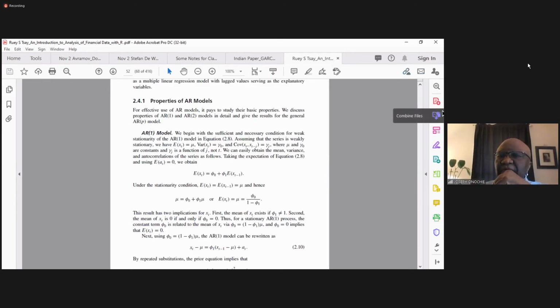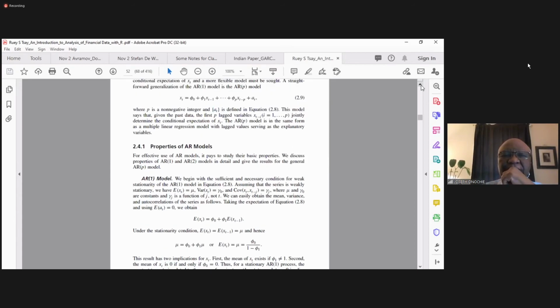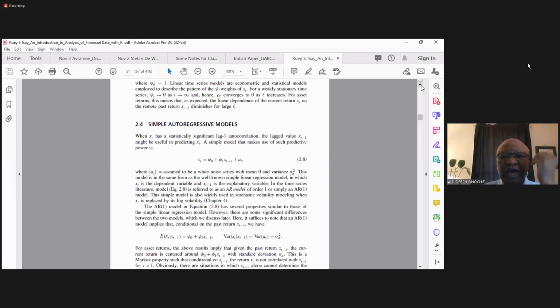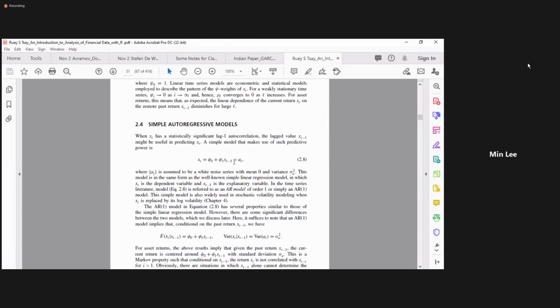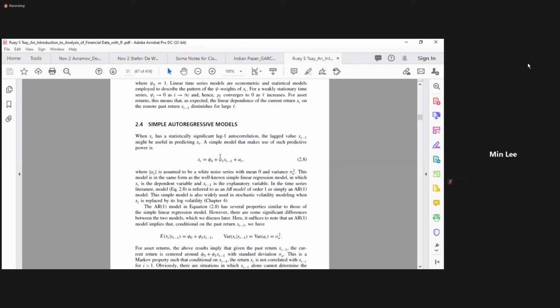Let's back up. Remember, I told you last time that an autoregressive model, especially an AR1 model, look at this equation 2.8. Can you see this? Yeah. Okay, excellent. So this is a simple autoregressive model. Why do we call it a linear model?